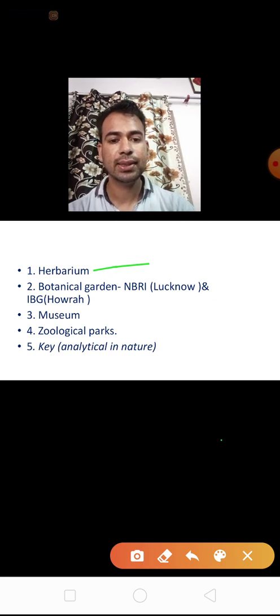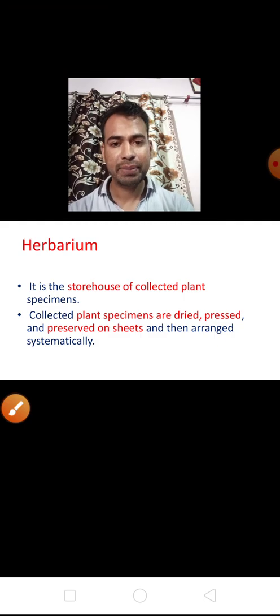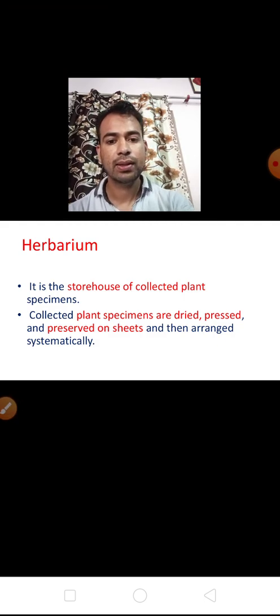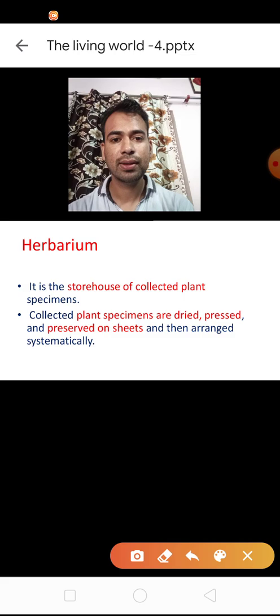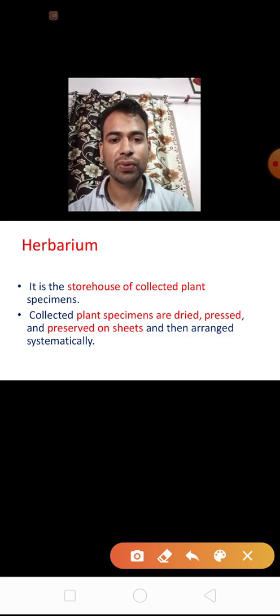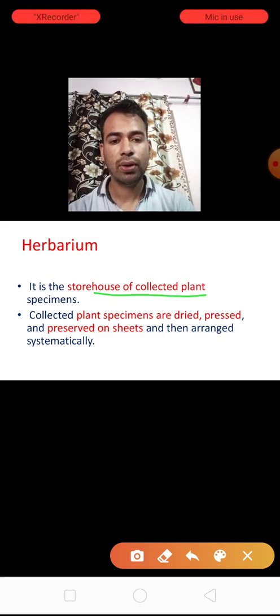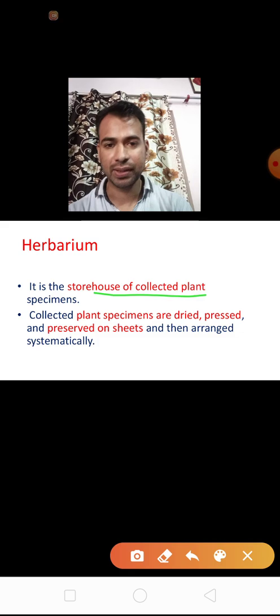First, that is herbarium. An example like FRI in Dehradun, which I have given to you. It is a storehouse of collected plant specimens.